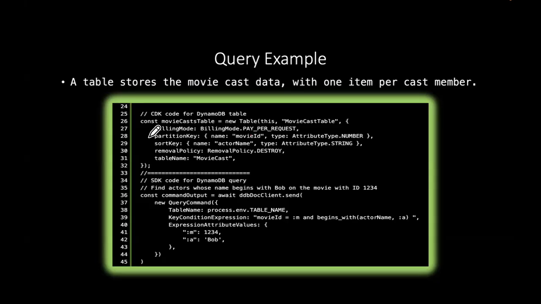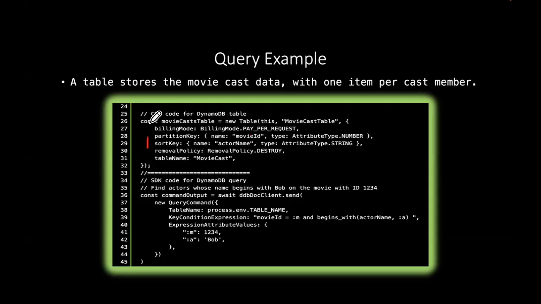And this combination gives us the primary key for this movie cast table. So clearly a movie has more than one cast member in it, but the combination of the cast member, i.e. the actor's name, and the movie ID, that combination is going to be unique within my movie cast table. This table now is meant to contain details of the cast for all movies, not just one movie.